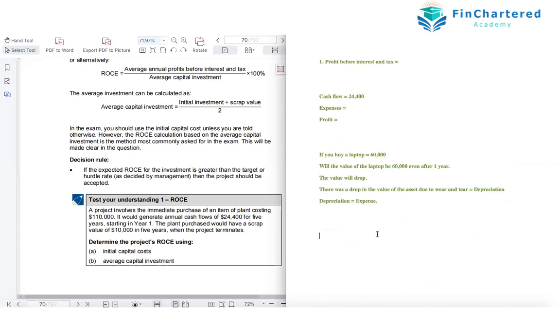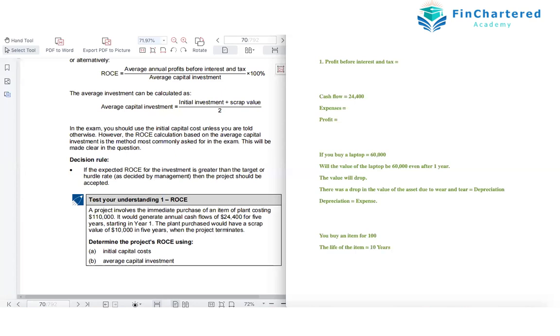And the simple example is, you buy an item for 100 rupees. And the life of the item is 10 years.